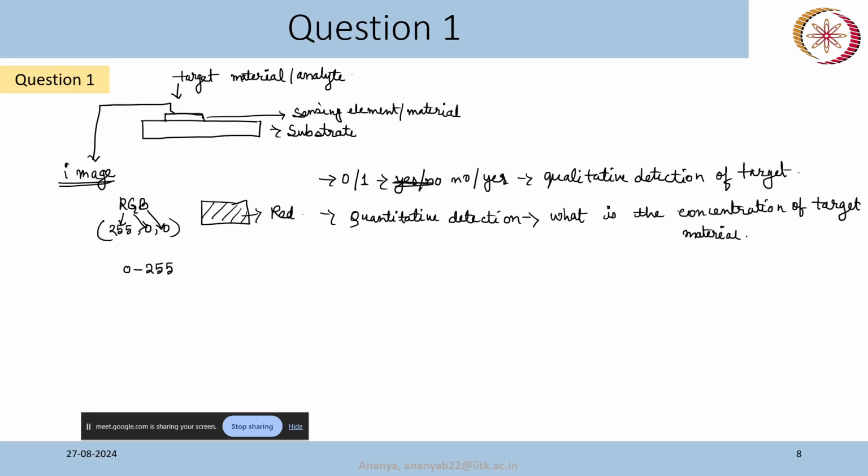So 0 is for no target material, say, and from 1 to 255 gives an indication of different concentrations of the target material. Say, the higher the concentration, the higher this number.